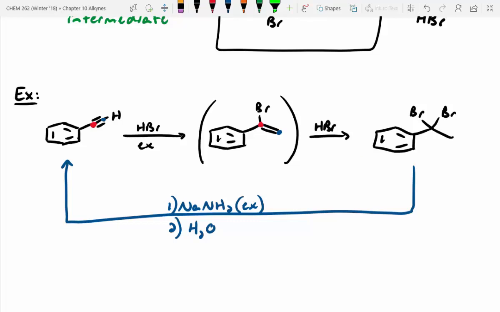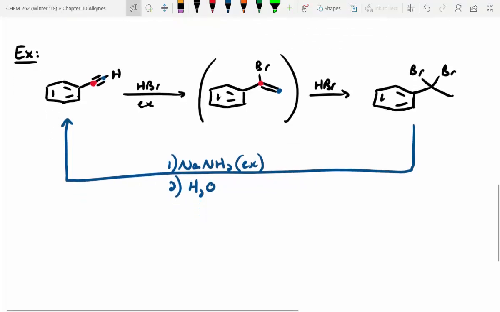All right, so we just went through this. This is your standard Markovnikov halogenation of alkynes. We just know the mechanism varies from what we're used to. So now let's switch gears and look at the anti-Markovnikov.